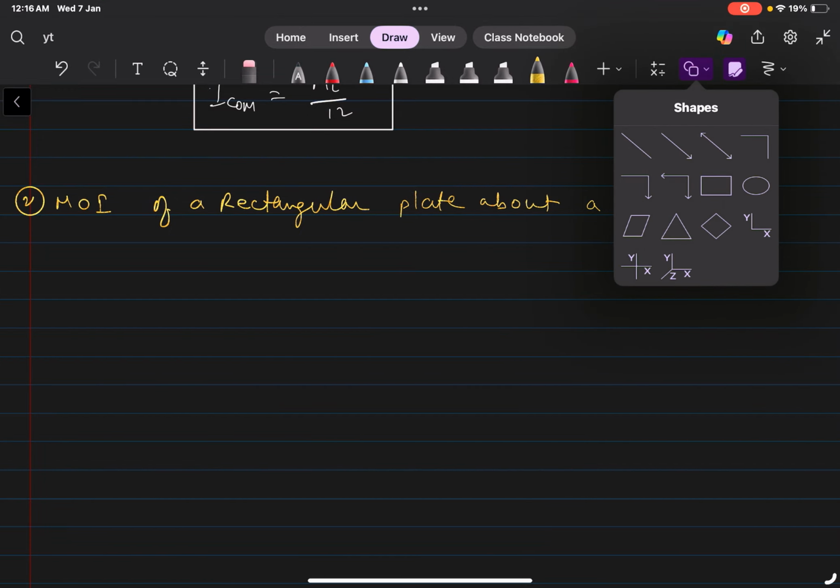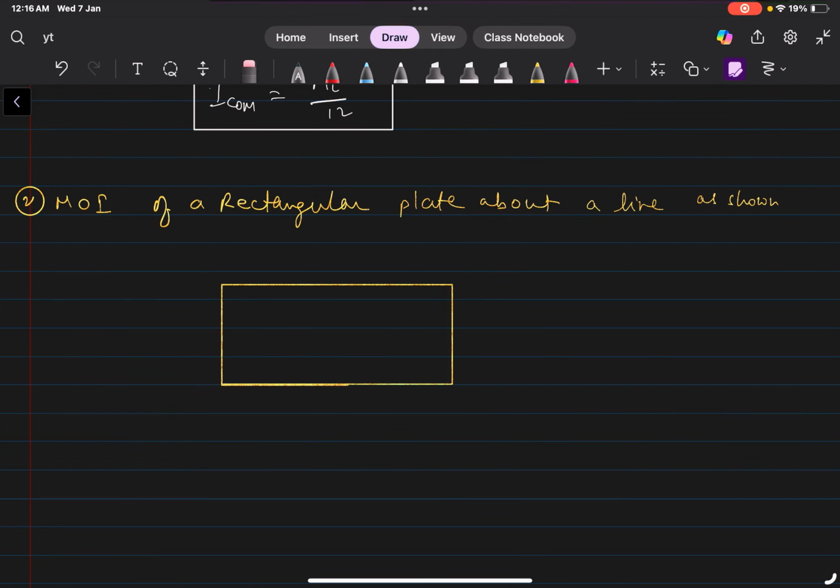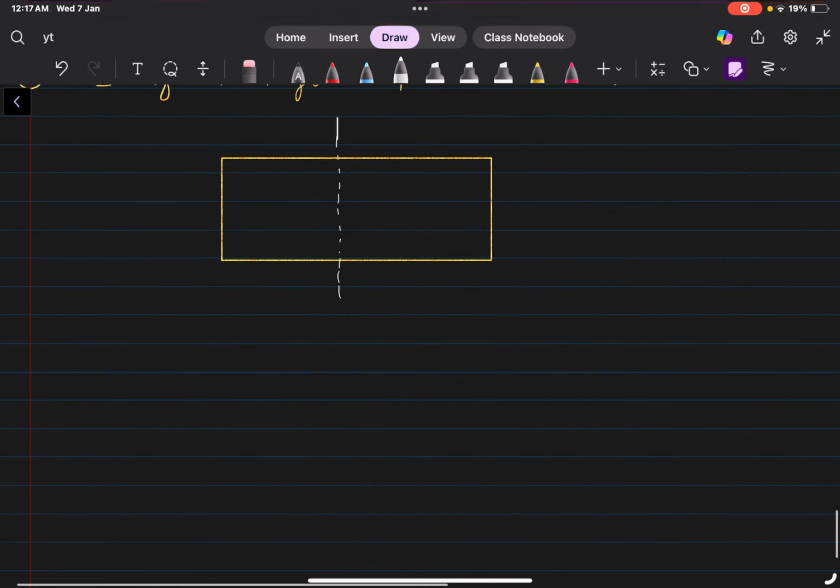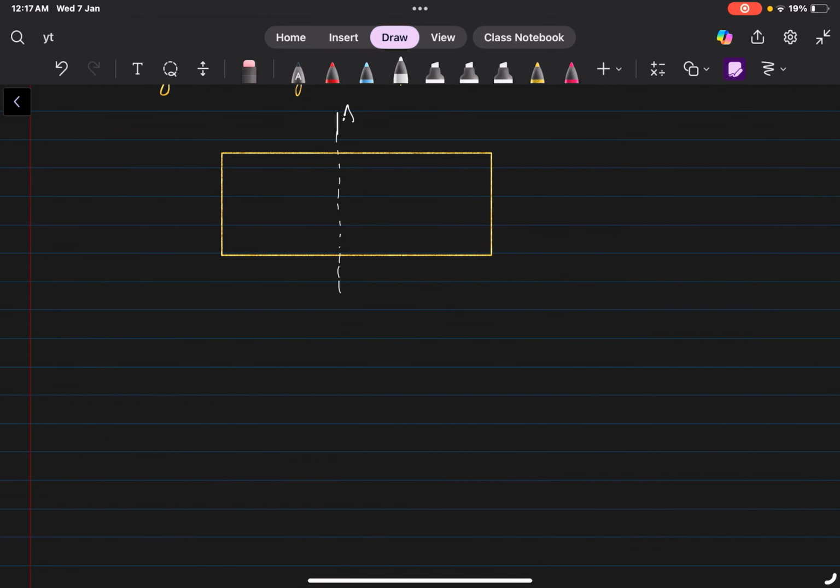In this rectangular plate, the moment of inertia is about this line A B. The side of the plate is l and the other side is b, the length and width.